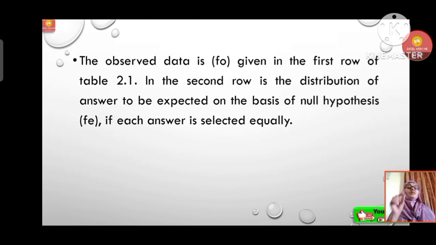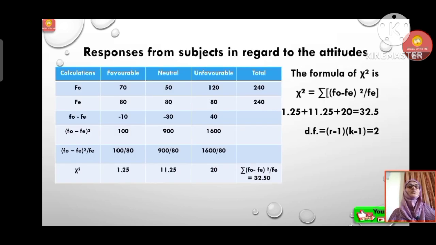The observed data is FO, given in the first row of the table I'll show you just now. In the second row is the distribution of answers to be expected on the basis of null hypothesis, FE, if each answer is selected equally. You can see the table here, responses from the subjects in regard to the attitudes.